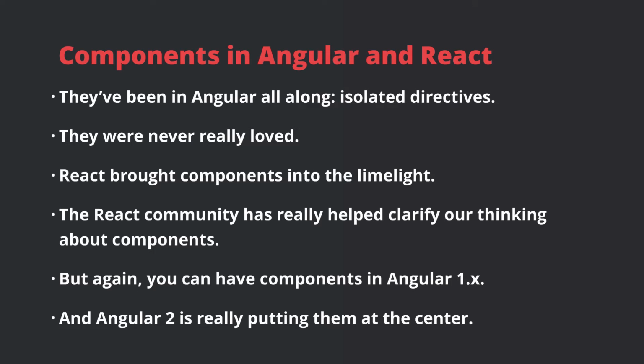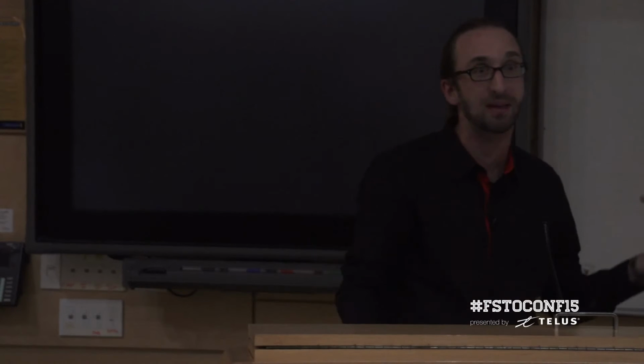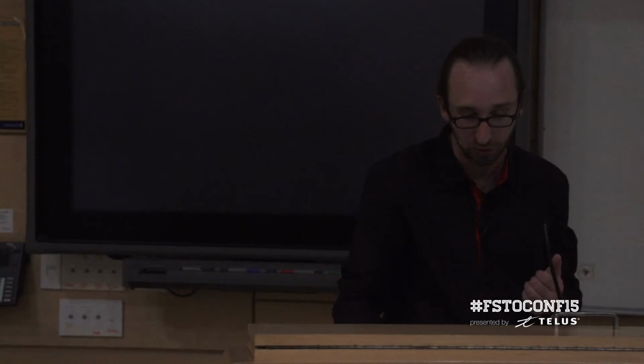In contrast, the React community has really brought components into the limelight. With React, everything is component-based. And I think what's important is that the React community has also done a lot of thinking about how components are organized, and the typology of components that I was just presenting comes out of the React world, as well as a lot of the other architecture choices.